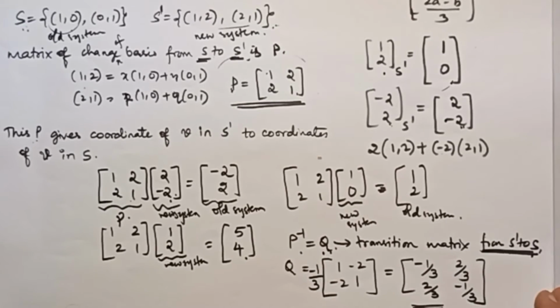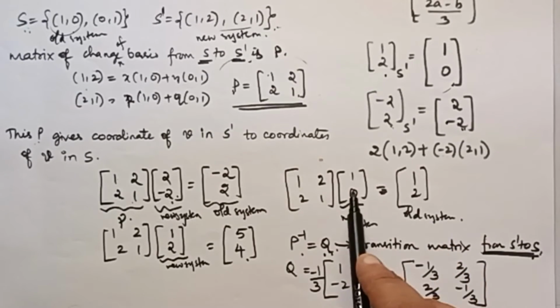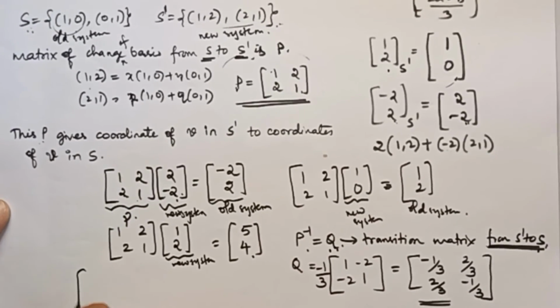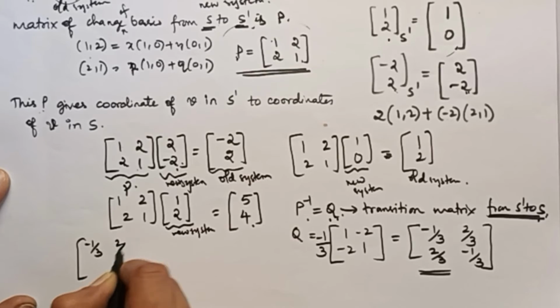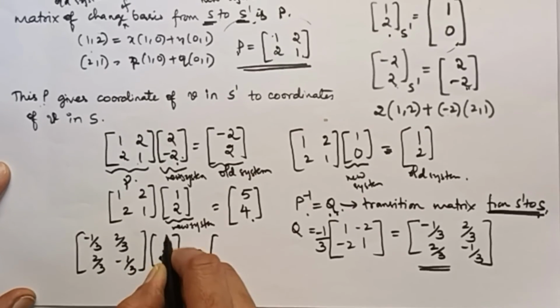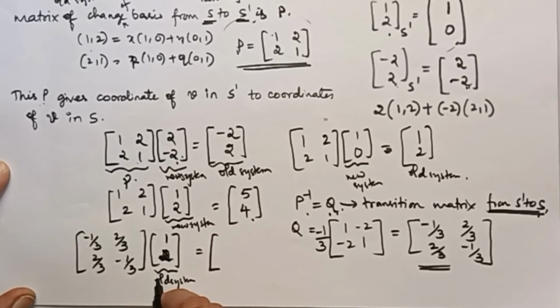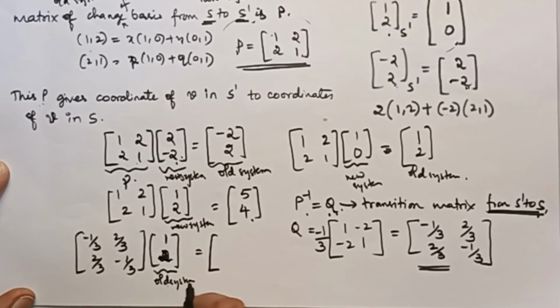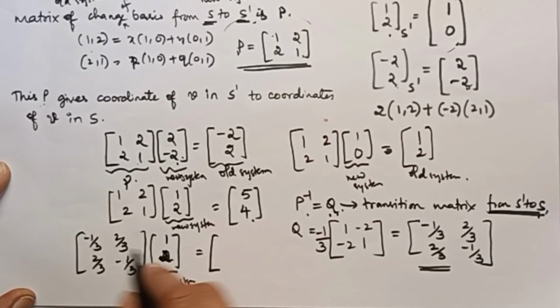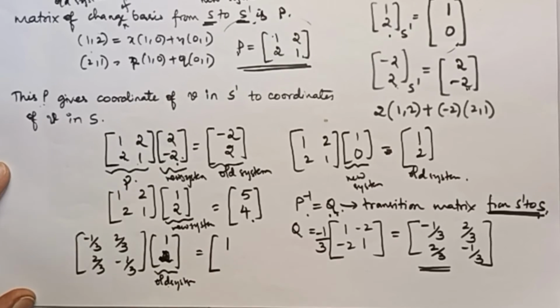Let us check. 1 2 in the old system is called 1 0 in the new system. Let us try with that. So here the matrix is minus 1 by 3, 2 by 3, 2 by 3, minus 1 by 3, and here comes 1 2. 1 2 is of the old system. 1 2 is called 1 0 in the new system because that is one of the bases. Let us check. Minus 1 by 3 plus 4 by 3, 3 by 3, is nothing but 1.